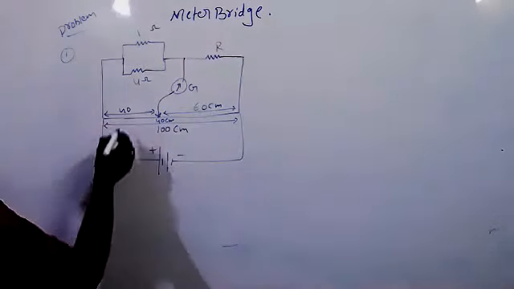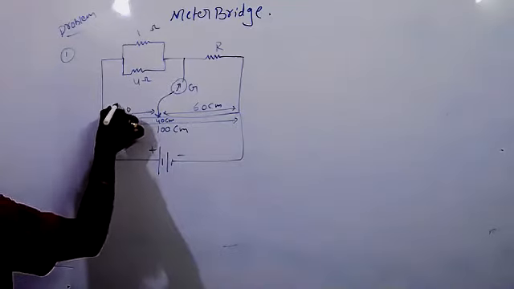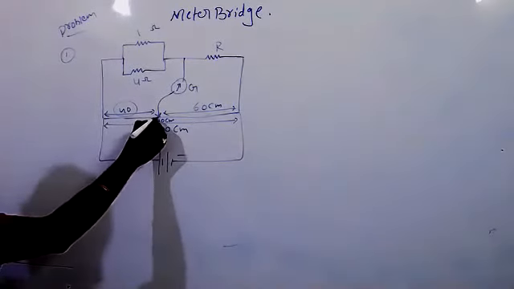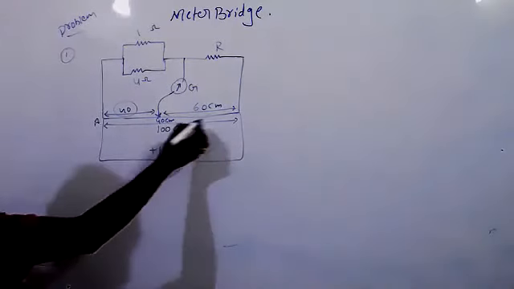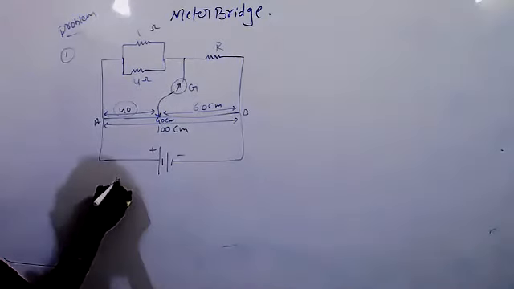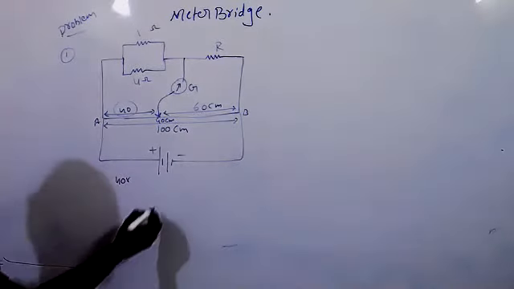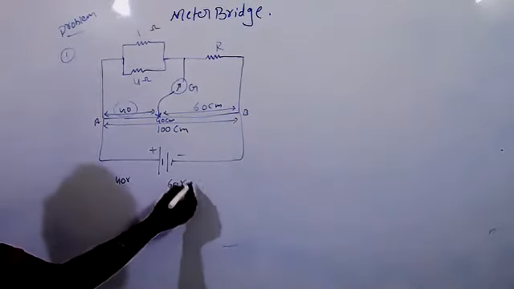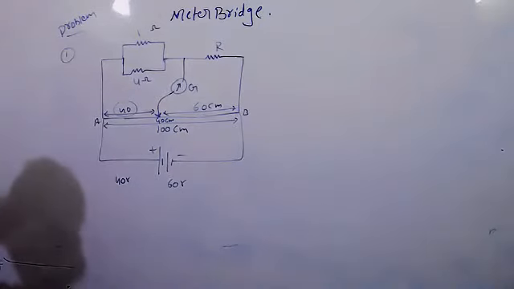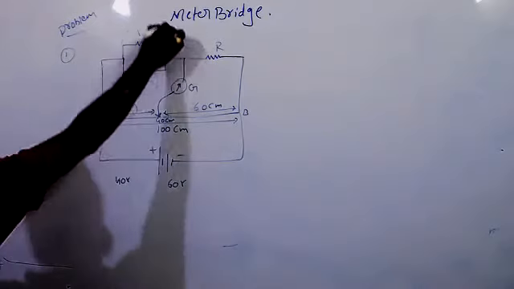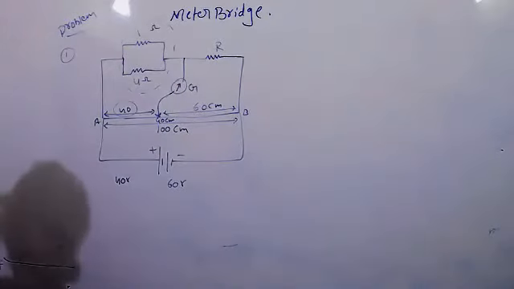Here, how much resistance will be there in this wire from here to here? It will be 40 R. And here, how much resistance? 60 R. And these two resistors, in which form are they?